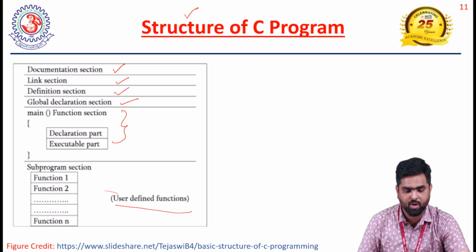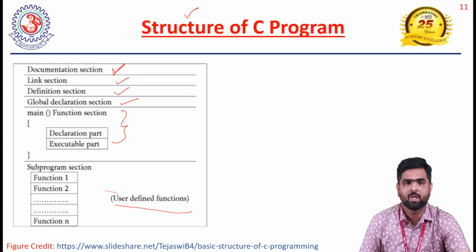First one is the documentation section. Basically this documentation section is useful in order to know who is the author of the particular program and what is the purpose of the program. When this program is created, all this information will be included in the documentation section. Documentation can be done in two different ways.